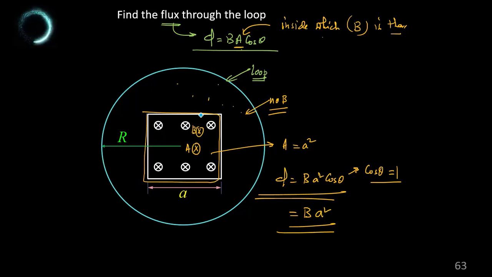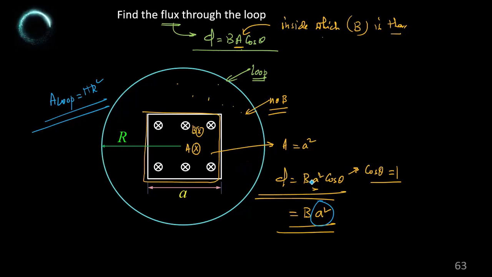Here only the square part is occupied by the magnetic field. That means the area should be small a square, not the area of the loop. The area of the loop is pi r square. I am not going to use that area. Instead, I am using the area small a square. Why? Inside the small a square area only, the magnetic field is there.